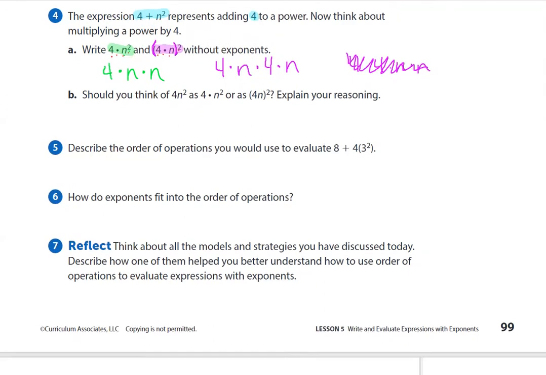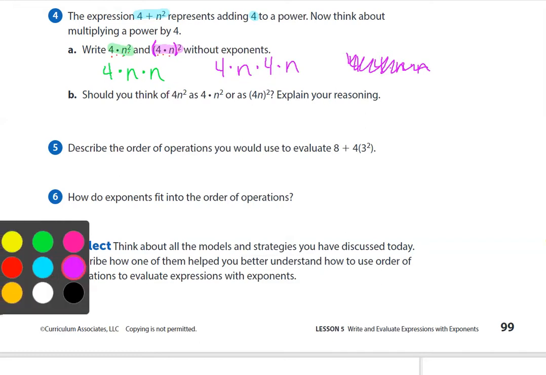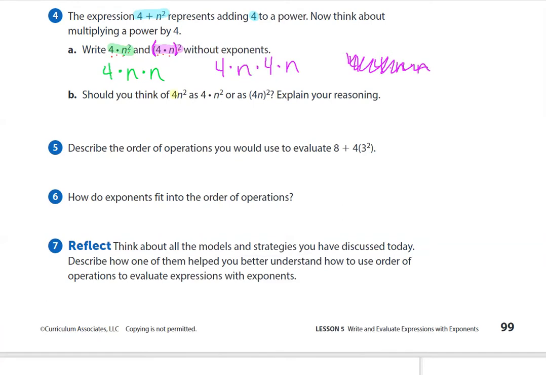Okay, and then B, for the same deal, says, should you think of 4n squared as the first way? Or as the second way? Explain your reasoning.